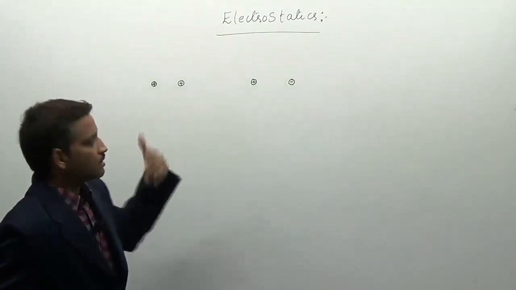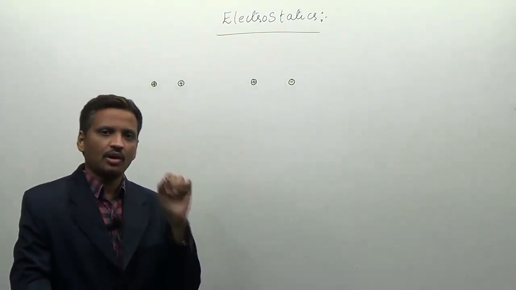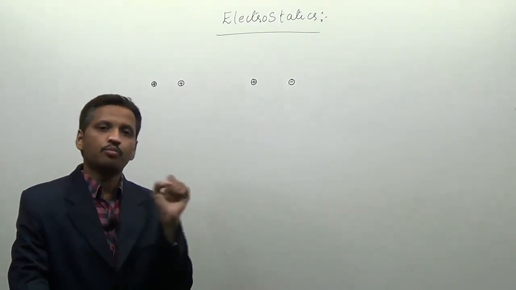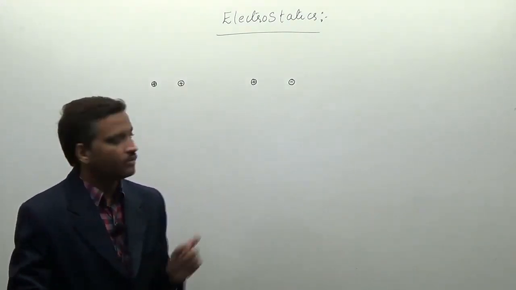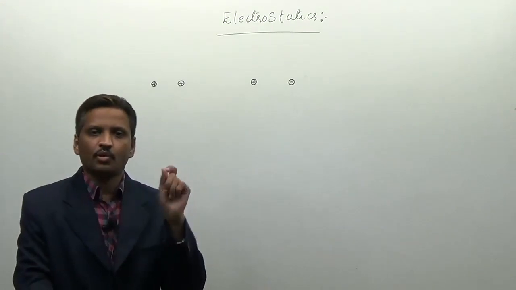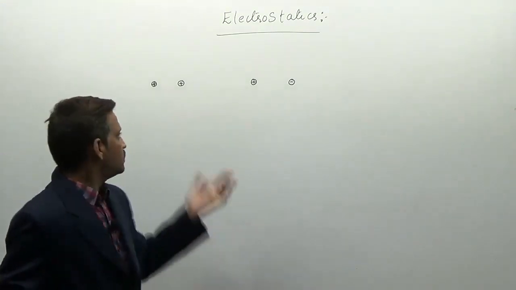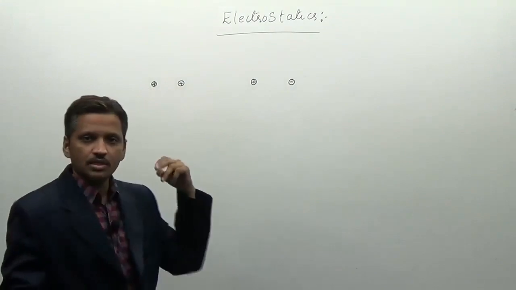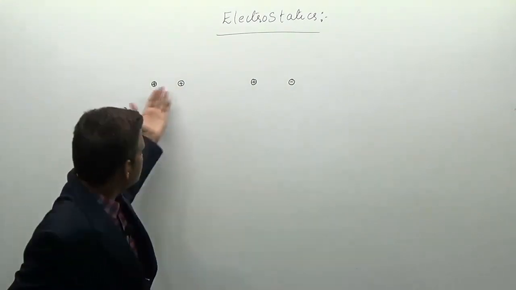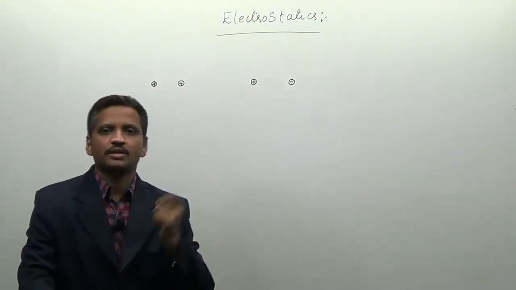To start with Coulomb's law, we always consider two point charges. First of all, we have to know what a point charge is. Here I am showing you two charges. When do we call these charges point charges?